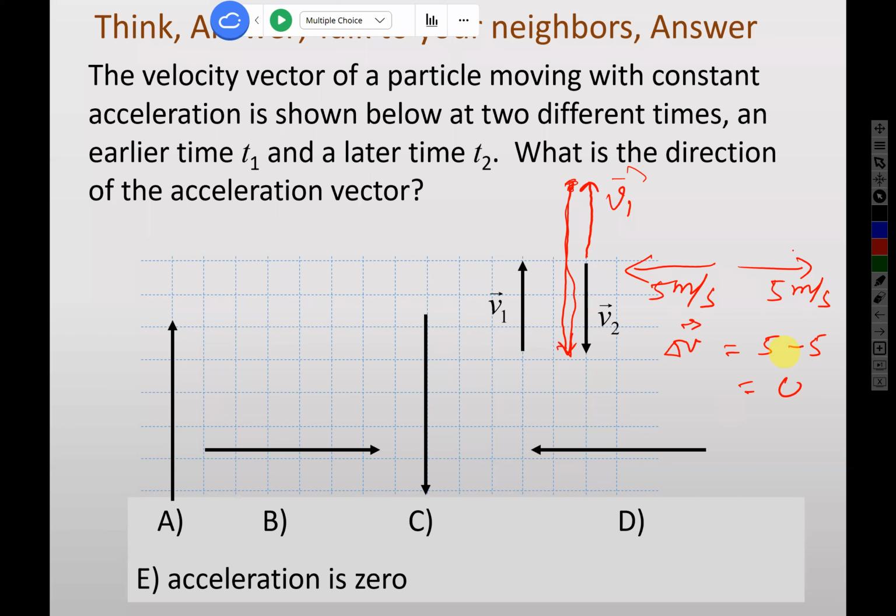So if this is positive 5, this is negative 5. Being vectors pointing in opposite direction means if we assign positive for one, the opposite is going to be negative. One positive, another one negative. Now, if I were to write, let's say, B2 minus B1, what happens?